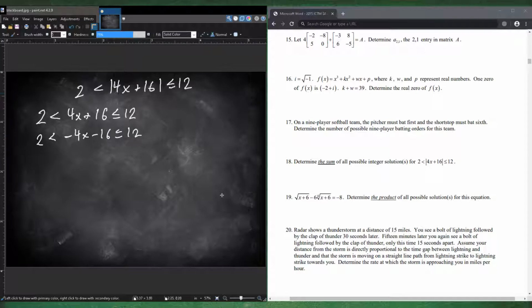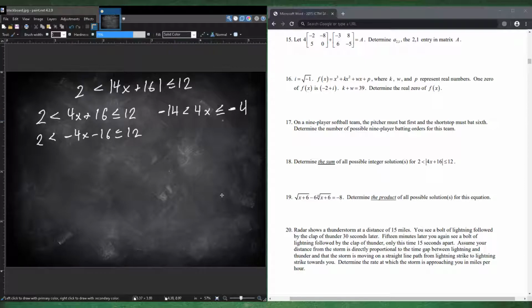Absolute value means it's either positive or negative inside. So you just need to keep it the same, or you can multiply by negative. So now we could subtract 16 from both sides. So this would become negative 14 is less than 4x is less than or equal to negative 4.